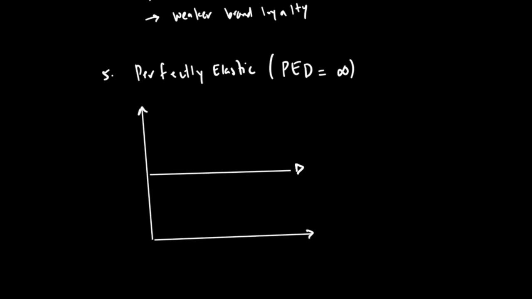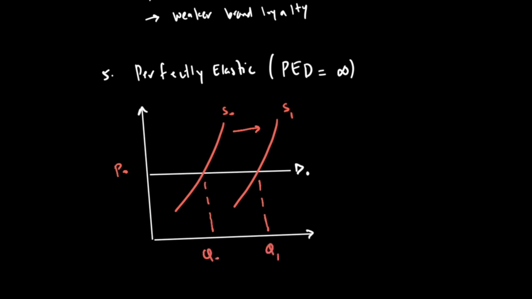If the demand curve is like this, and let's say supply goes up, for example, supply is like S0, and supply goes up, you can see that despite an increase in supply, the price isn't changing. The price stays at P0. So what kind of good would be such where the price isn't changing? Well, this is a good where the price will be P0, and if the producer decides to increase price above P0, no one will buy from him.